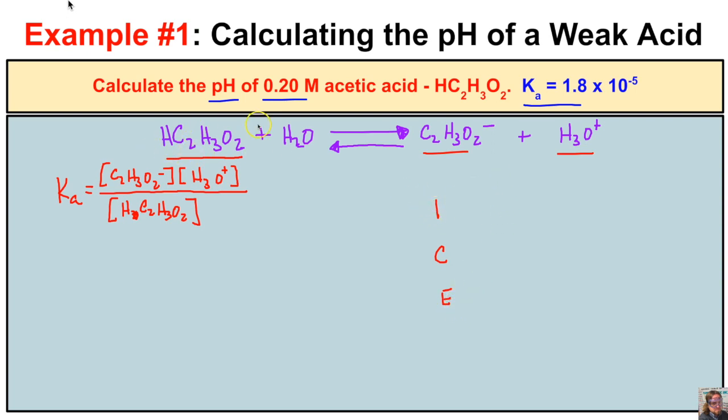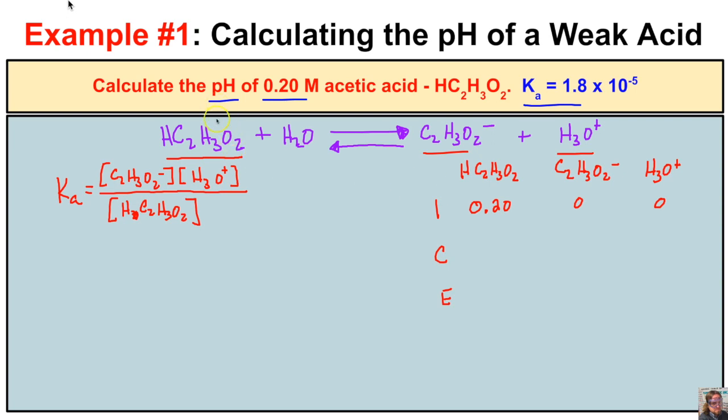We have our reactant, which is our weak acid, HC2H3O2, and our two products, which are our two dissociated ions, C2H3O2- and H3O+. Initially, our concentration of our weak acid is 0.20. The initial concentration of these two things is going to be 0. We're starting off with none of this.